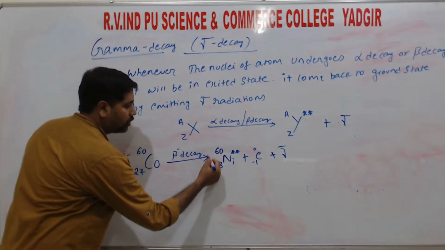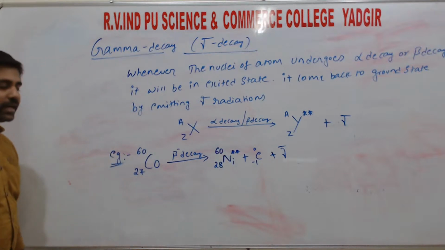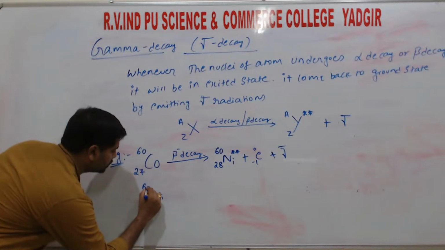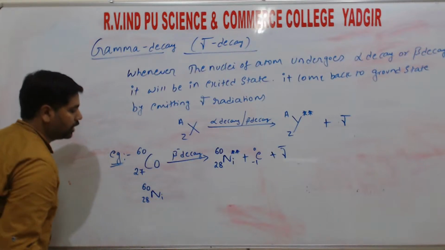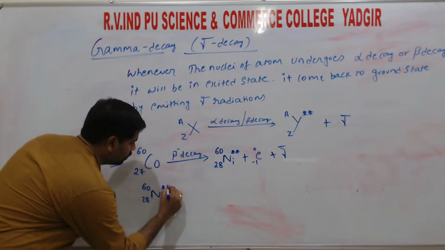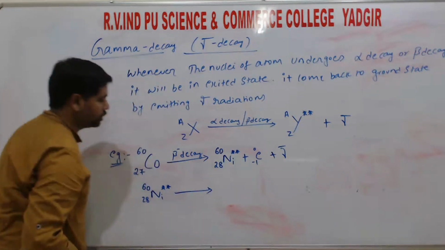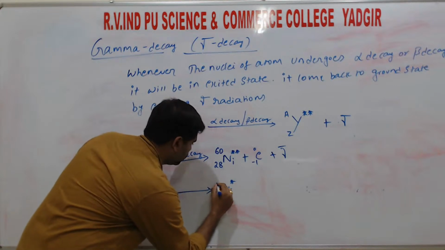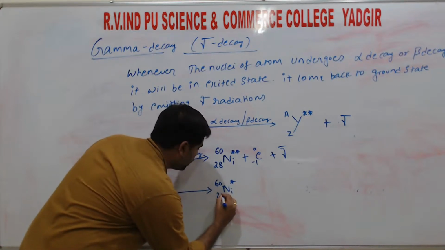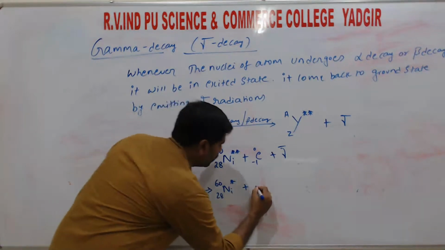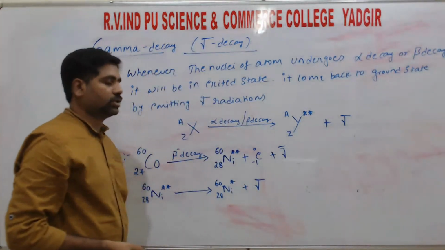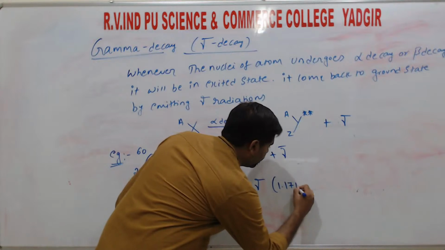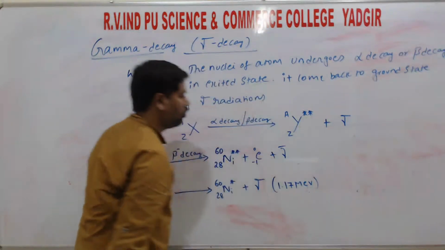Now this nickel has to come to ground state. It undergoes gamma decay. Here Ni 60 and here it is 28, plus gamma radiations, right? So it emits the energy 1.17 mega electron volt.